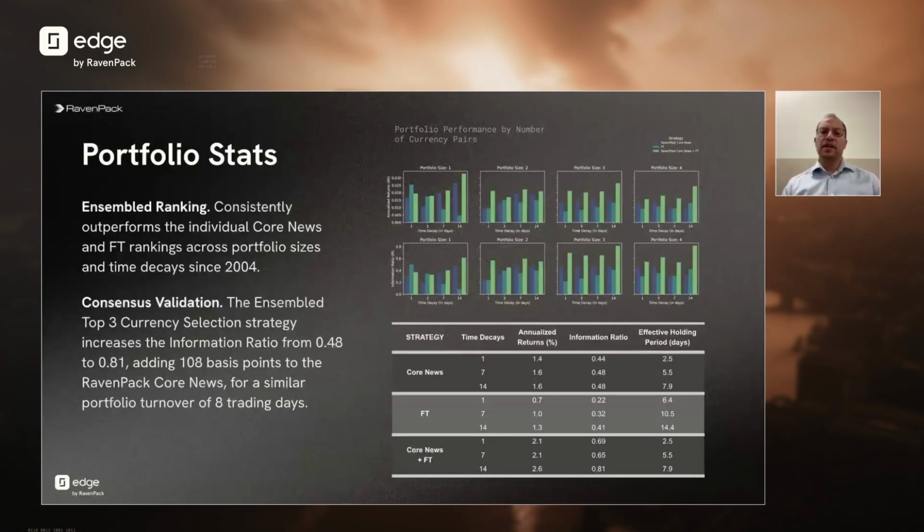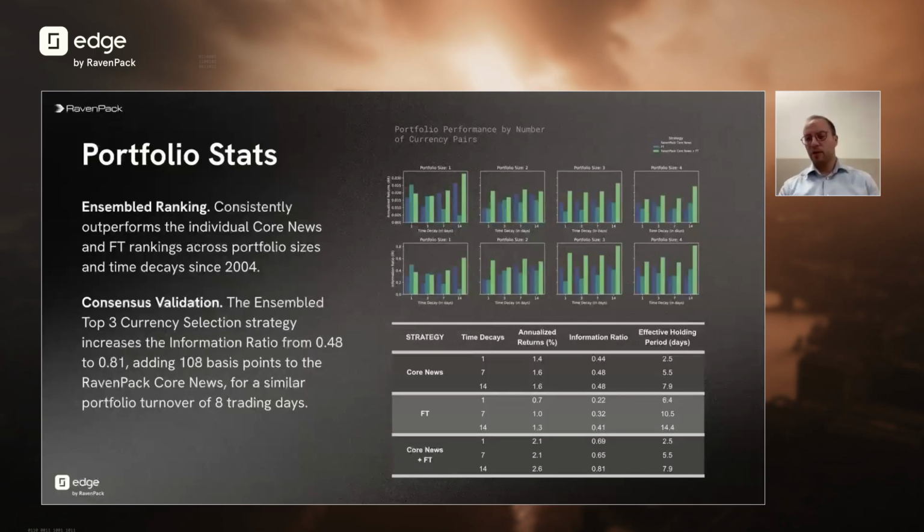In fact, we find that applying a 14-day or 2-week decay is the optimal filter that both optimizes information ratio as well as annualized returns. And if we move to the performance table, we can see that for core news, if we apply a 2-week time decay, we're able to achieve information ratios of 0.48 with annualized returns of 1.6%.